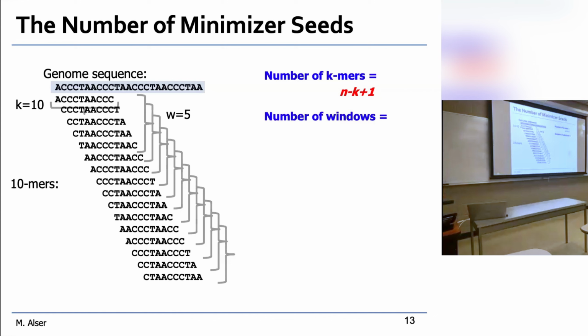Now, what is the number of windows? Remember, we divide this number over groups, and each group has a size of w, okay? But now, how many of those groups could we get? This is the number of seeds that we divide over groups, right? And we have w of them in every group, and they are overlapping.